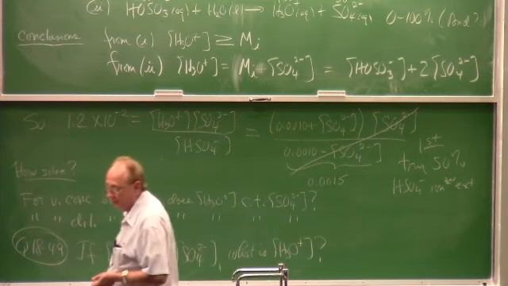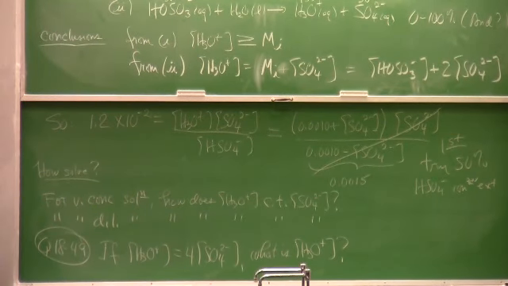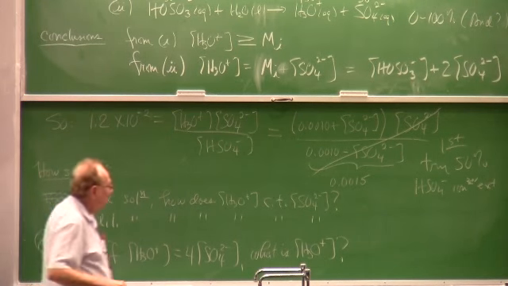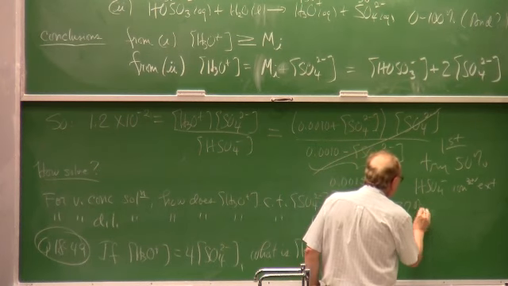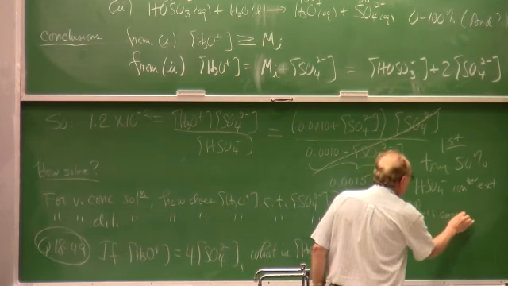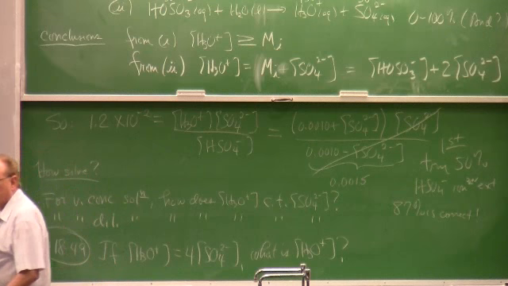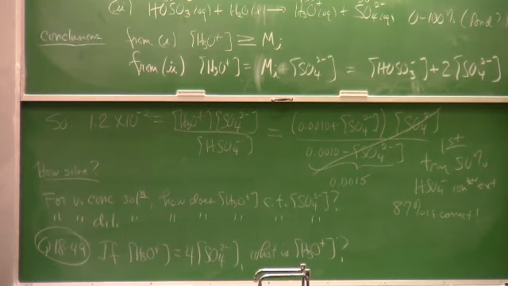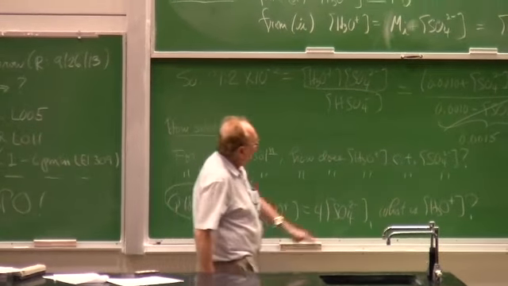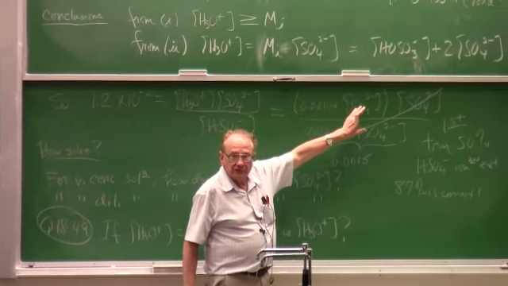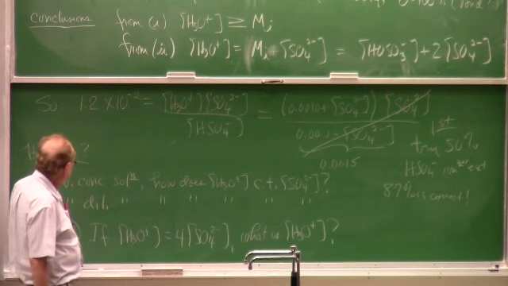Well, now you know what to do. Let's see. I'll just write down that 87% is correct. If you don't know how to play the game, I'll let you use the pocket calculator now. You check the arithmetic, and you'll see that at 87% ionization extent, I get a value for this term which is as close as it can possibly be to 1.2 times 10 to the minus 2. Enough said.